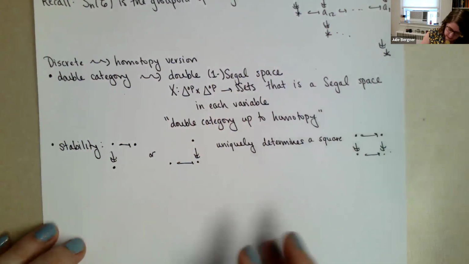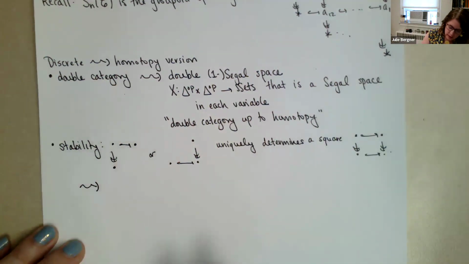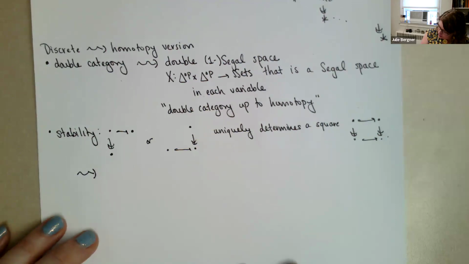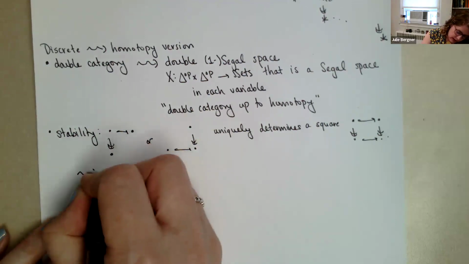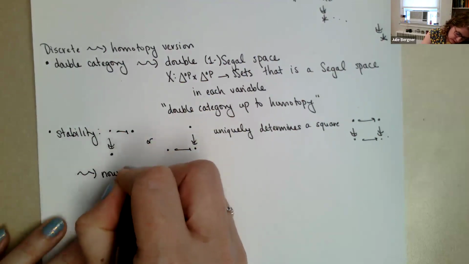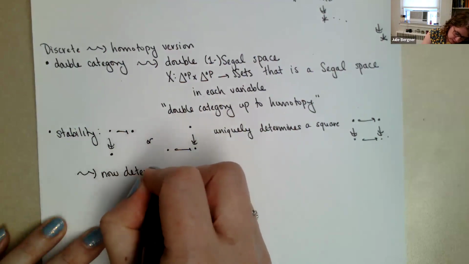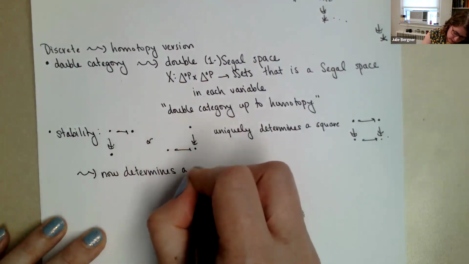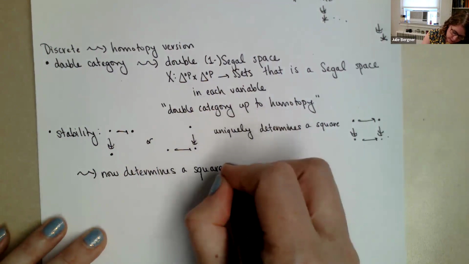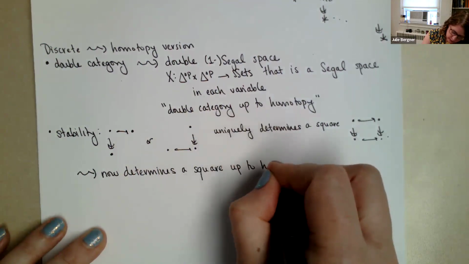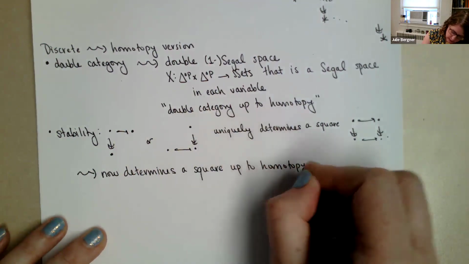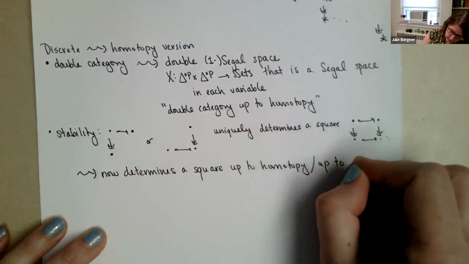And when we pass to the homotopy version, we just say it now determines a square up to homotopy, or you might say up to a contractible space of choices.